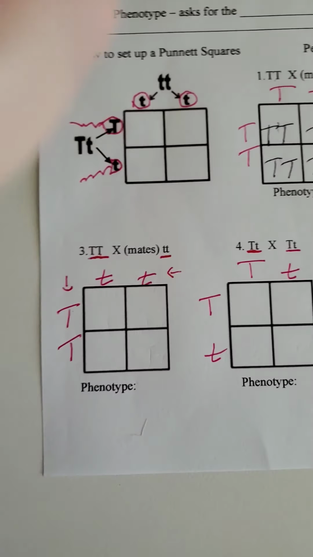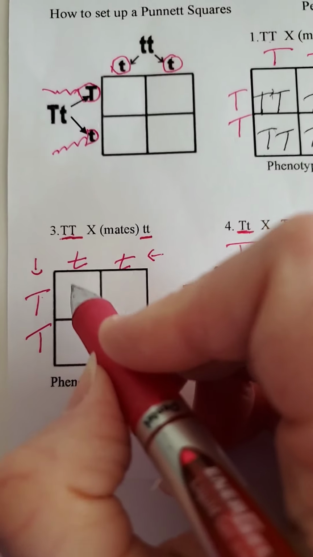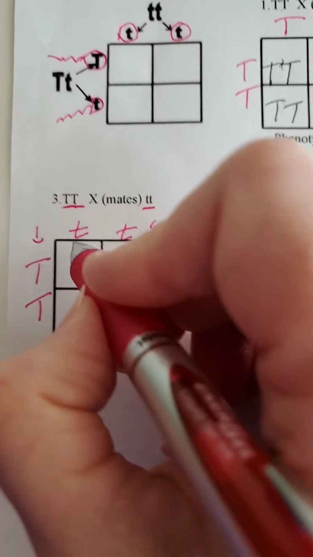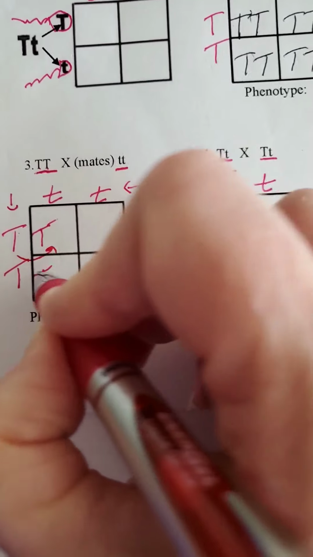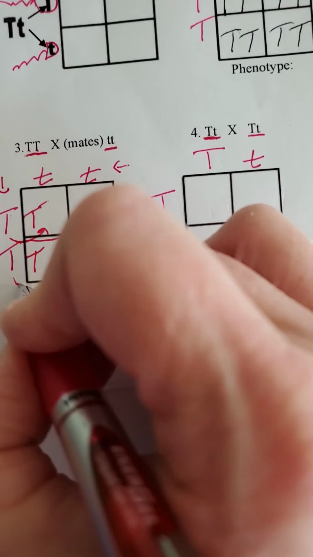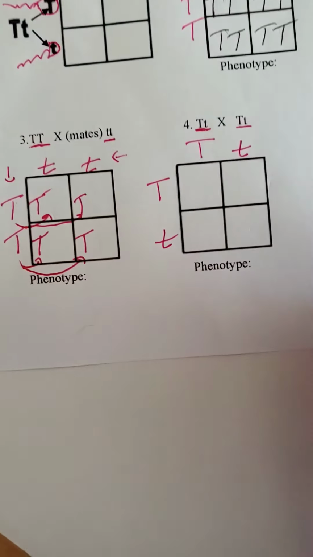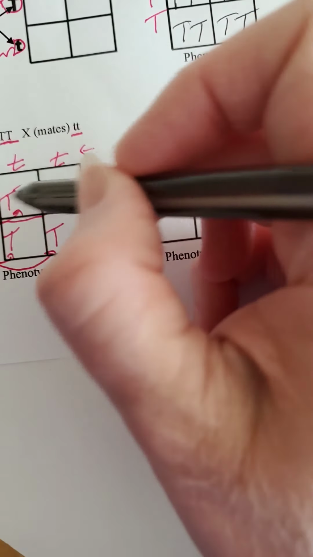All right, so now we're going to look at this box here. Okay, so I'm going to do the capitals first just because they're easy. They always go first in the box. They go this way and this way. So there's a big T here. This big T comes here and it comes here. So I'm done with the big T. Those two big T's, they move over.